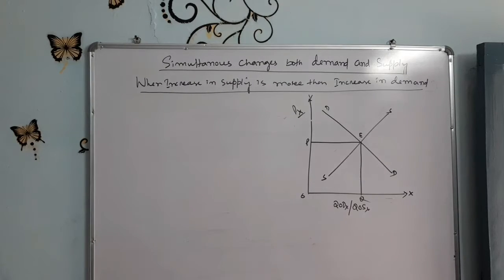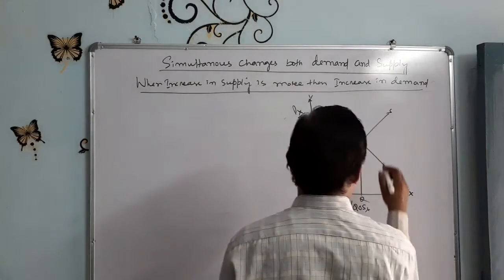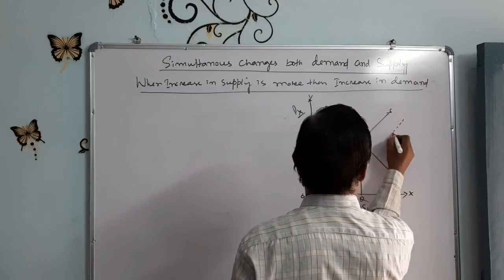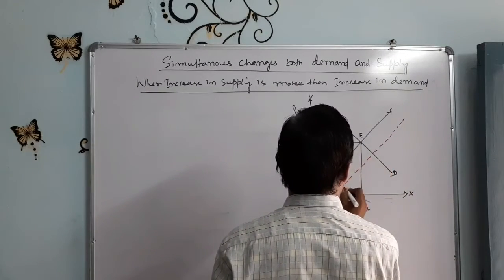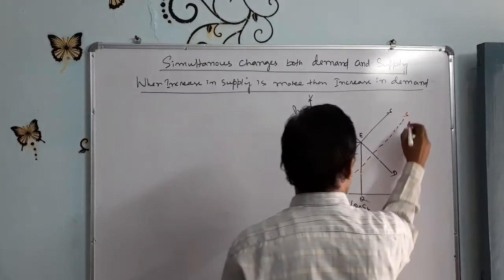We have already known that an increase in supply means the supply curve shifts toward the right. So let S1 be the increase in supply curve.